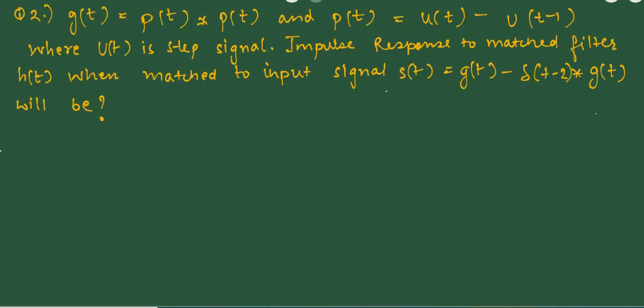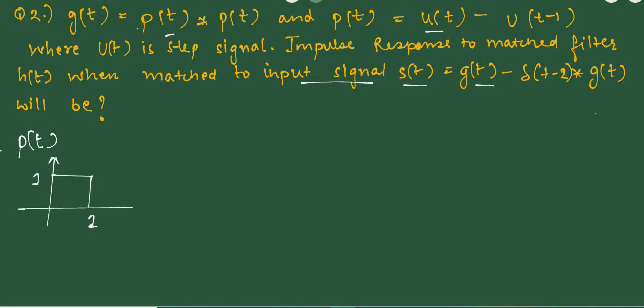In the next question, we can see that the input signal is this, and it is in terms of g(t). g(t) is in terms of p(t), and p(t) is in terms of the step signal. So let us start constructing p(t) first. So p(t) is u(t) minus u(t-1), which will be constructed as this.